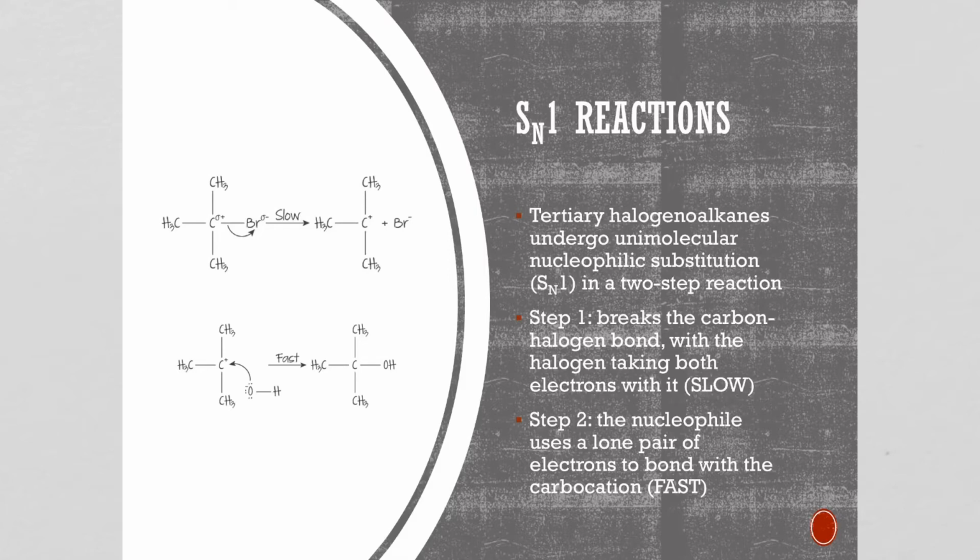So we end up with a halogen ion. So this is a slow step. And then in the second step the nucleophile uses a lone pair of electrons, because remember, nucleophiles have extra electrons, to bond with the carbocation. And that step is fast. So there's the slow breaking of the carbon-halogen bond step, and then the fast nucleophile bonding step.